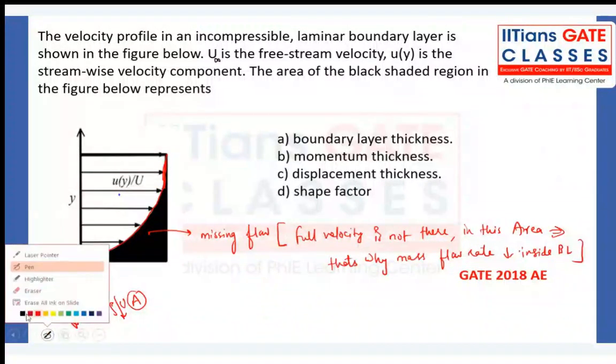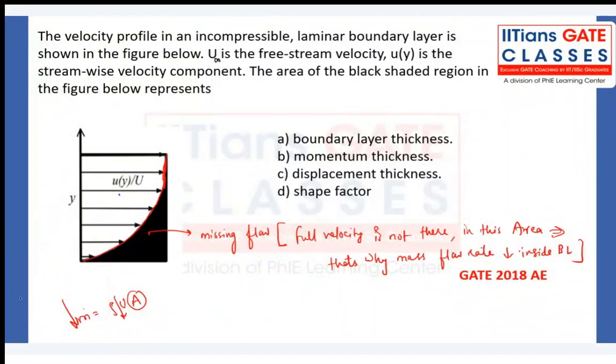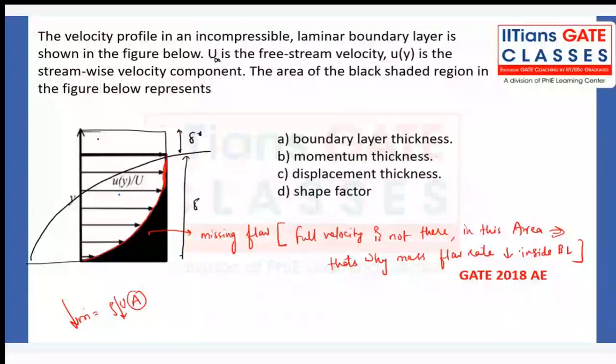When the mass flow rate is getting reduced inside the boundary layer, then we need to provide some extra thickness in the form of displacement thickness. So the area which is shaded will represent what?